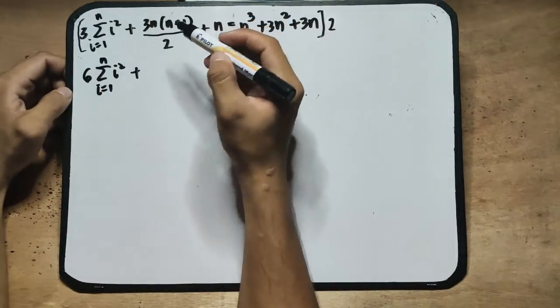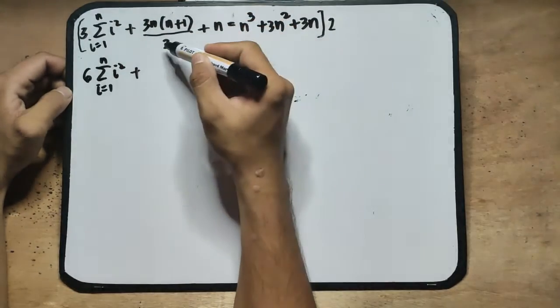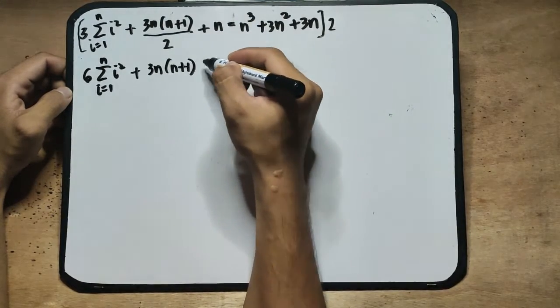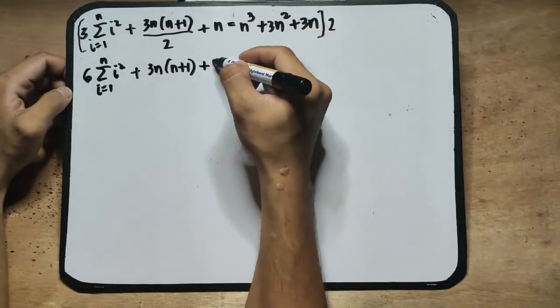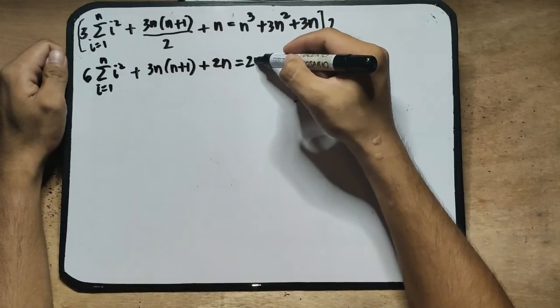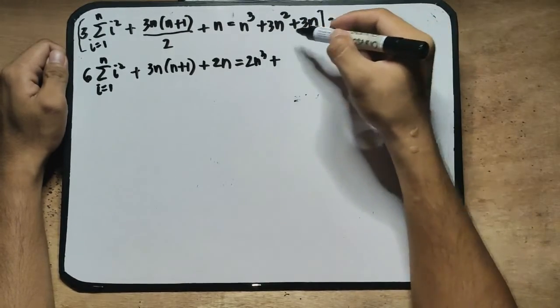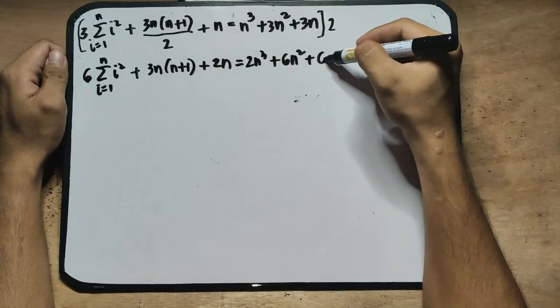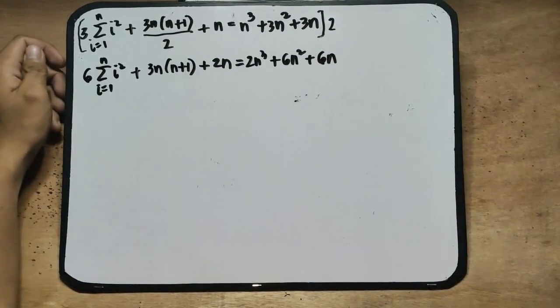So, plus, syempre, maka-cancel na yung denominator nito. So, this will be 3n times (n plus 1). Then, 2 times n is 2n is equal to 2 times n cubed is 2n cubed. Then, 2 times 3n squared, that is 6n squared. Then, 2 times 3n is 6n.